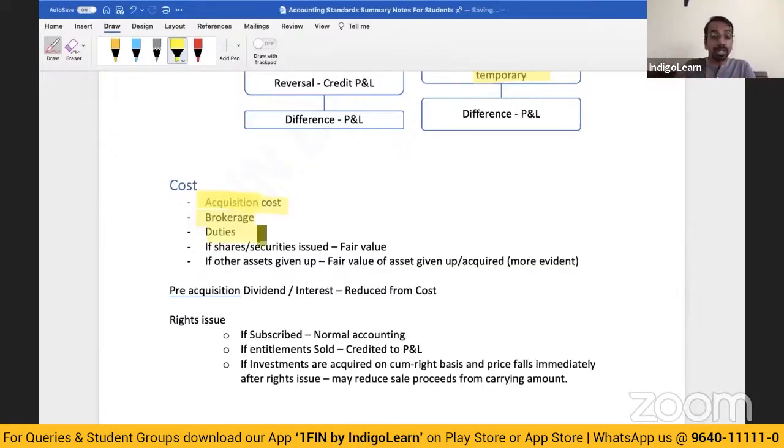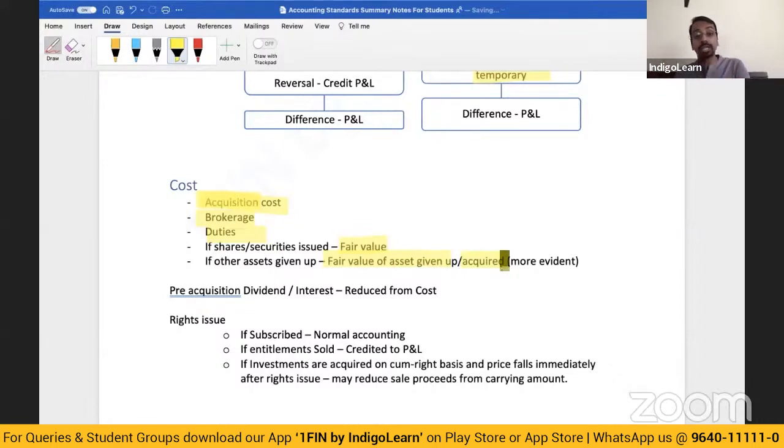If securities are issued to acquire investment, then you will take the fair value of the investment. If other assets are given up, then fair value of asset given up or acquired, whichever is more evident. Okay, so if shares and securities are issued, you will take the fair value of investment, that is the investment that you have acquired. If other assets are given up, then fair value of the asset given up or fair value of asset acquired, whichever is more evident.